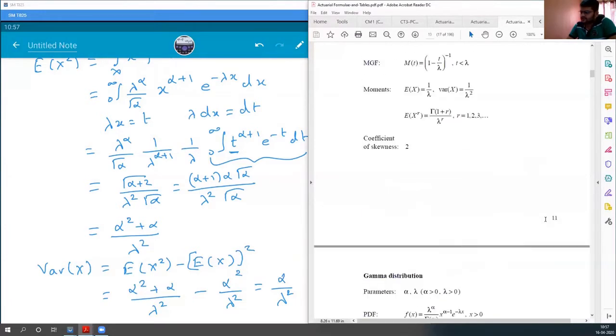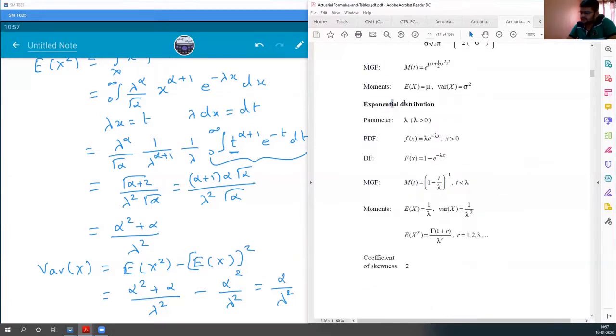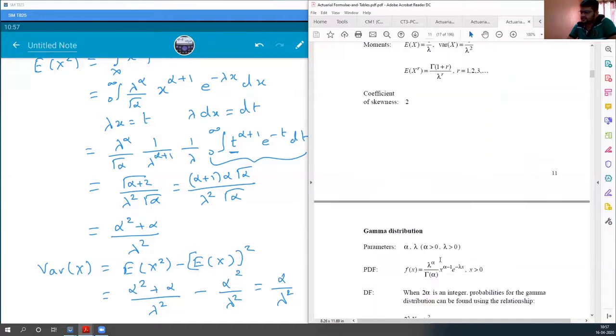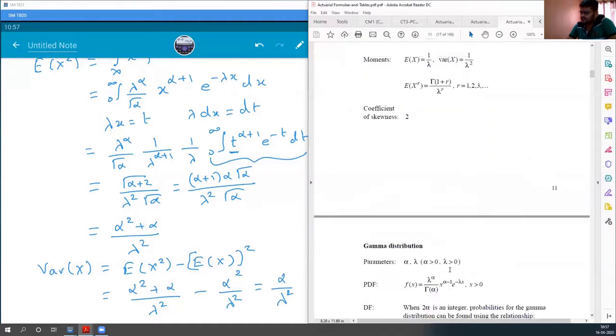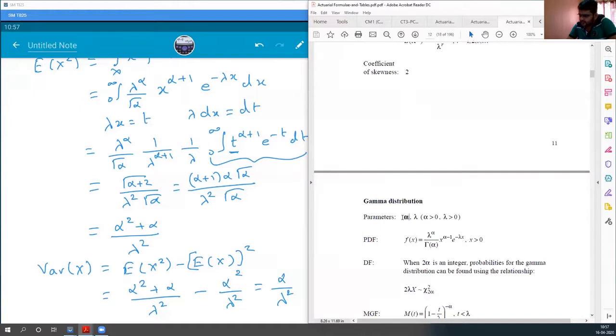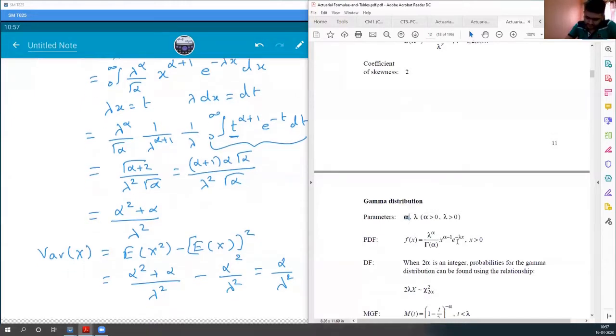If you see the exponential distribution, this is our exponential distribution and this is our gamma distribution. In the gamma distribution, if I put alpha equal to 1, what happens? First we'll see f of x.